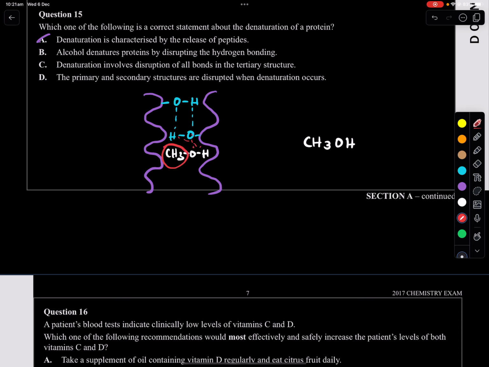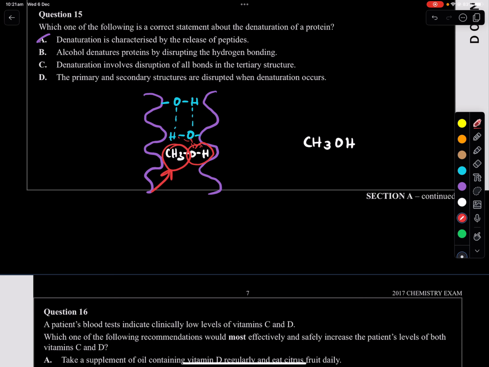But the problem is, it kind of does disrupt it, because it creates some hydrogen bonds with the existing hydrogen bonds. So it can weaken the other hydrogen bonding. But also, because there is the CH3, this non-polar group can disrupt the hydrogen bonding.